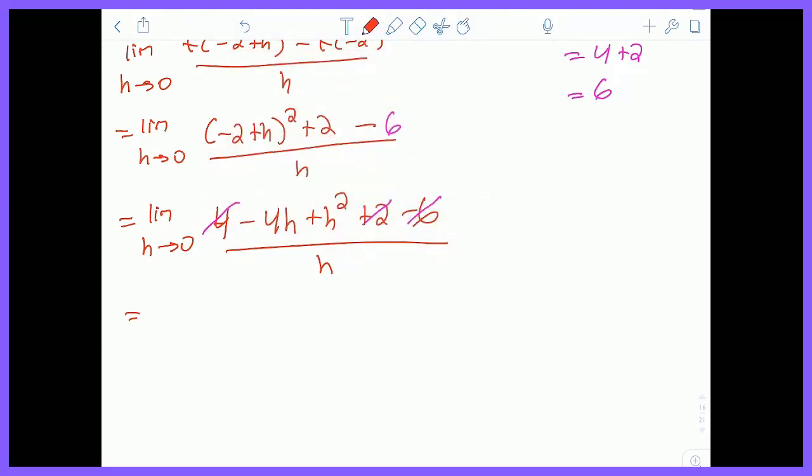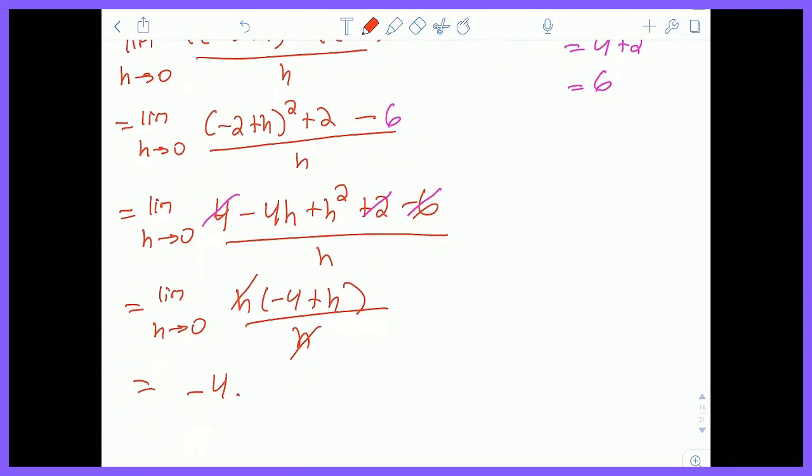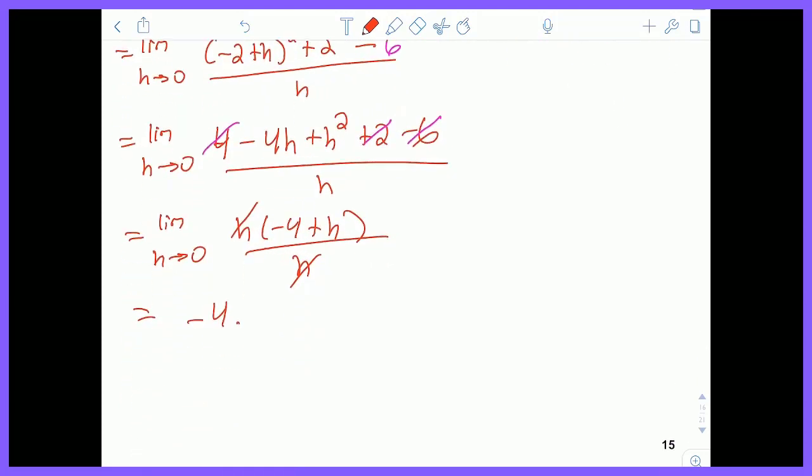And we can now just simplify the limit as h goes to 0 of h times negative 4 plus h, all divided by h. Boom, boom, equals negative 4 if you plug a 0 into h. So specifically, we know that the slope here is going to be negative 4. So this is the slope of the tangent.